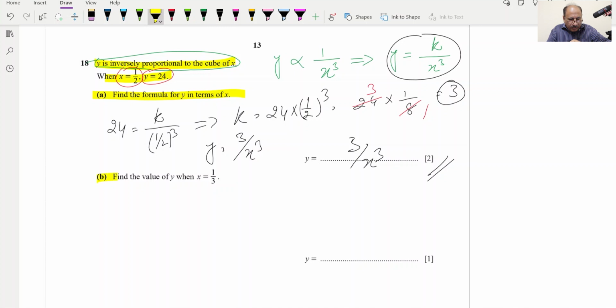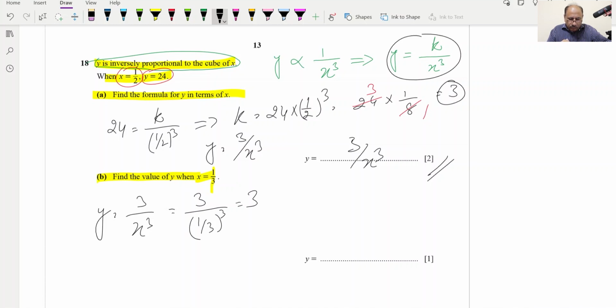B part, find the value of y when x is equal to 1 by 3. So this formula we will be using, which we have just found. y is 3 over x cubed, and x is equal to 1 by 3, so we can write 3 over 1 by 3 cubed.